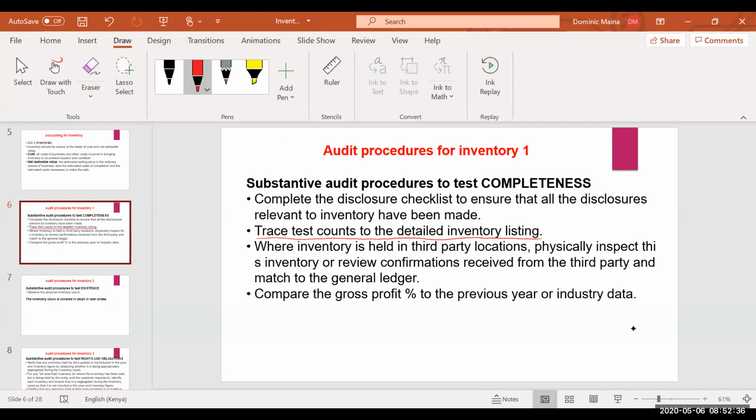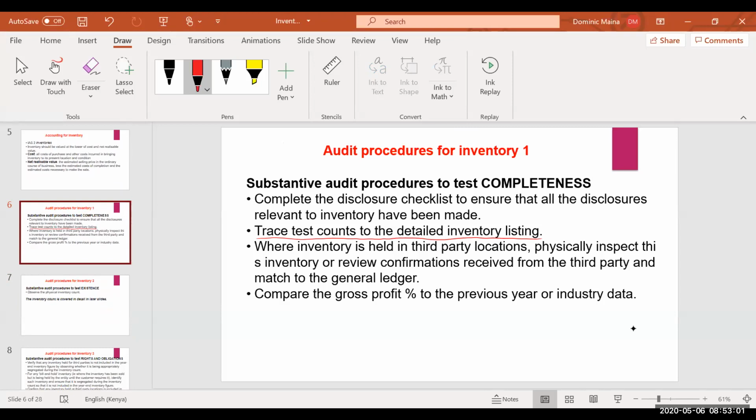Compare the gross profit to the previous year's profit. Don't forget, as I mentioned, the use of comparison tells us that we need to perform a substantive analytical procedure.